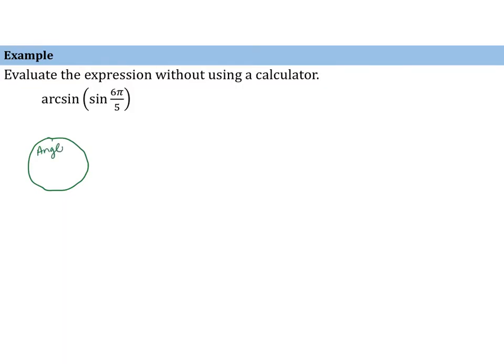I go from angles to ratios, and this time I'm going from my angle to my ratio by the sine, and I'm going back by the arc sine, and I'm starting with the angle 6 pi over 5.